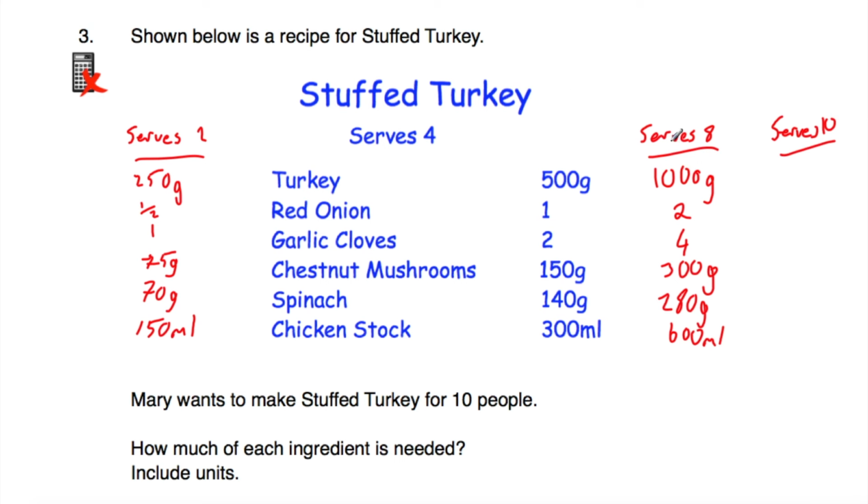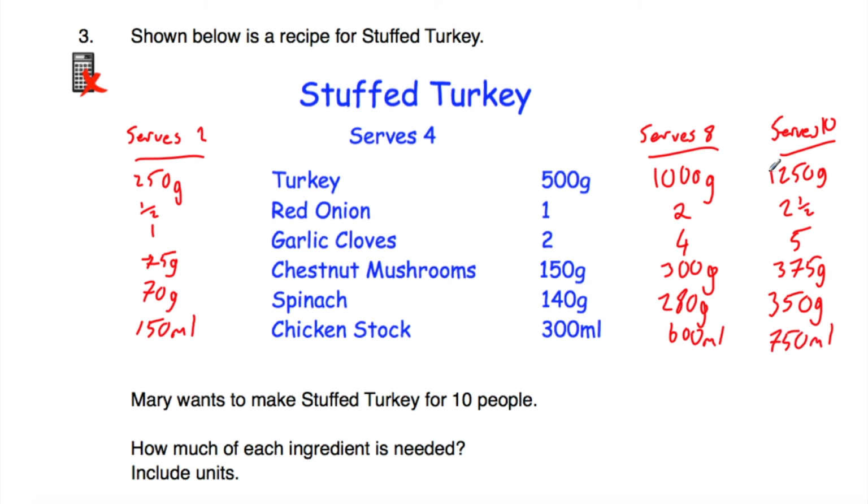So let's add these together. 1,000 grams plus 250 grams would be 1,250 grams, or we could write 1.25 kilograms. 2 red onions plus half a red onion would be 2.5 red onions. 4 garlic cloves plus 1 garlic clove would be 5 garlic cloves. 300 grams of chestnut mushrooms plus 75 grams would be 375 grams of chestnut mushrooms. 280 grams of spinach plus 70 grams of spinach would be 350 grams of spinach. And finally, 600 milliliters of chicken stock plus 150 milliliters of chicken stock would be 750 milliliters of chicken stock.